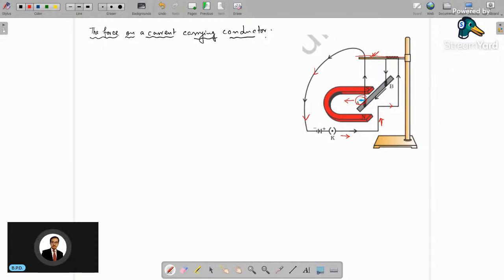The displacement of the rod above the magnet, or the rod, that is a magnetic material, when placed in the magnetic field, also suggests that the direction of the force is reversed if we change the direction of the current from this direction to that direction.